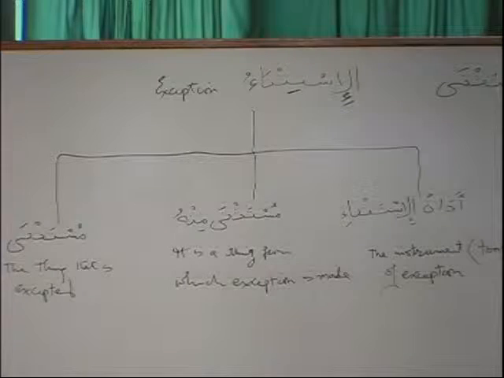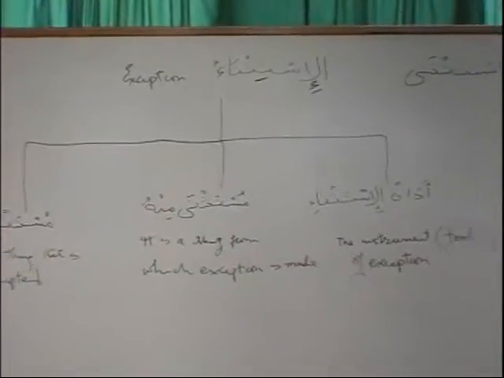Here is another example. Zurtul bilad al-Urabbiyata kullaha. Why kullaha? Because it is emphasis for maf'ulun bihi, bilad. Illa Yunana. So what is Yunana here? Mustasna.